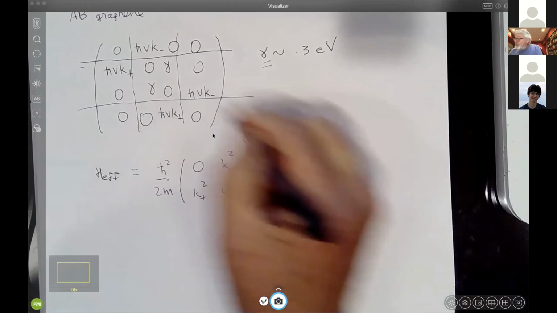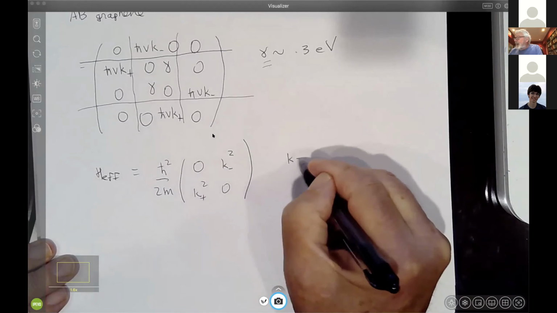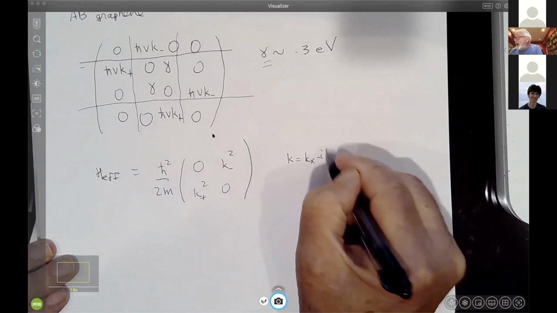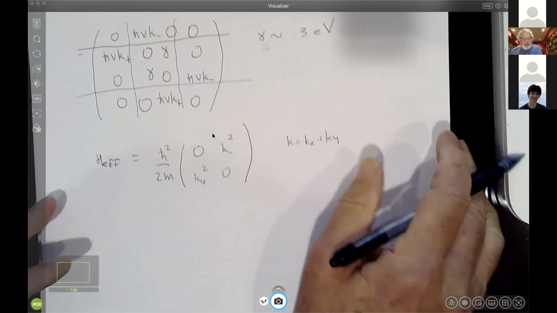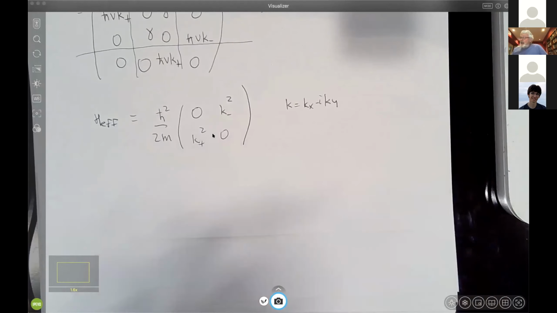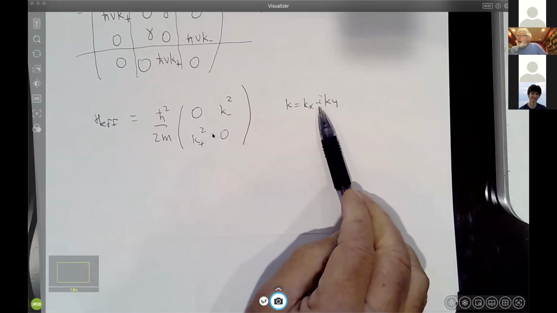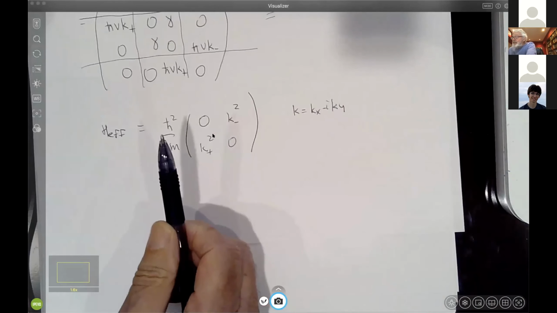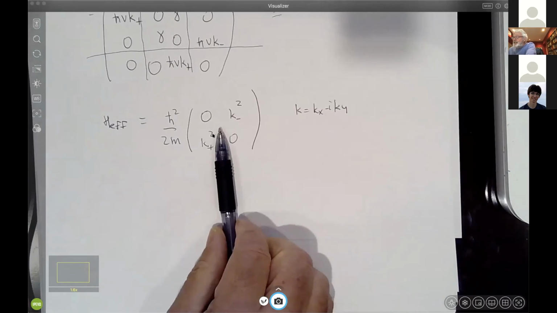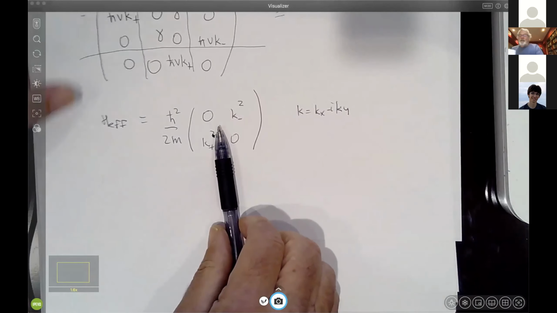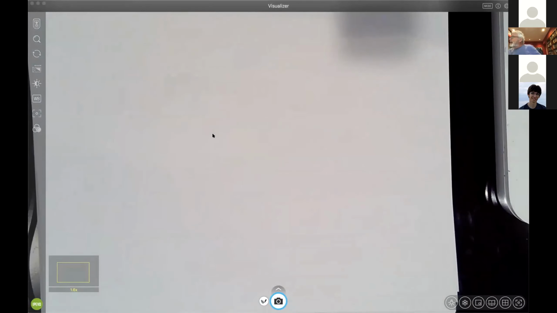Here wave vector K is Kx minus iKy, and it appears squared because of hopping twice. That means that the dispersion of the two touching bands is just normal quadratic dispersion, but the wave functions are unusual because the tunneling matrix element depends on the direction of momentum.